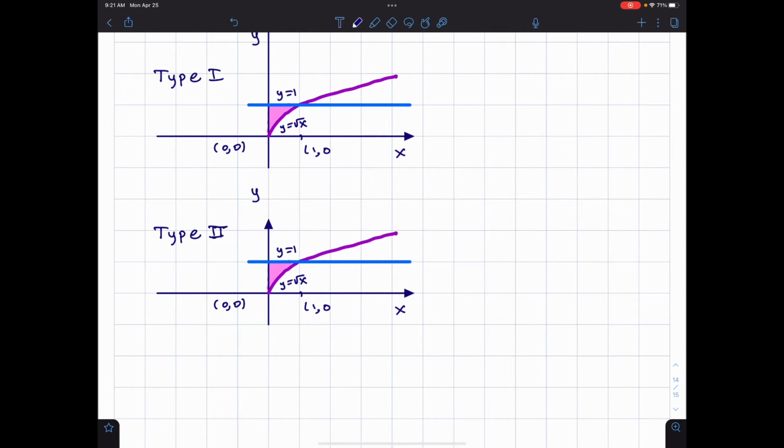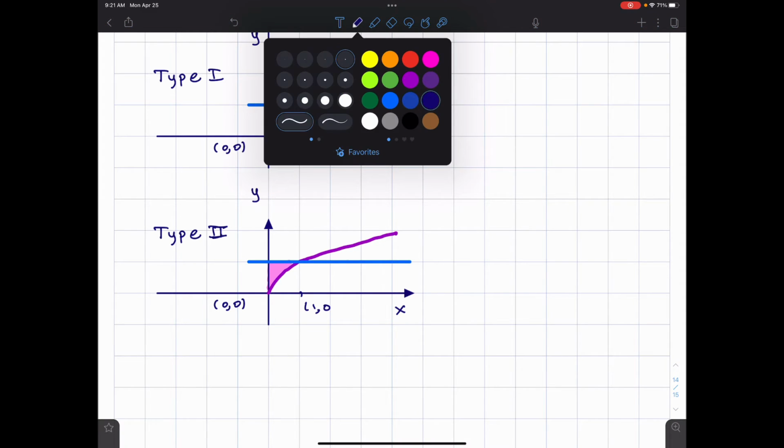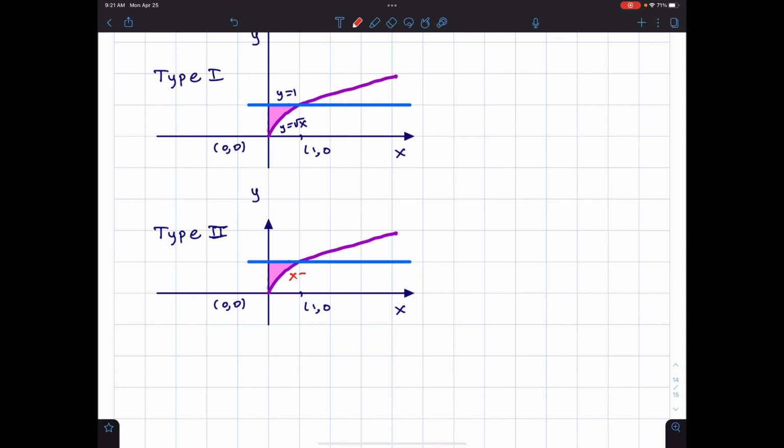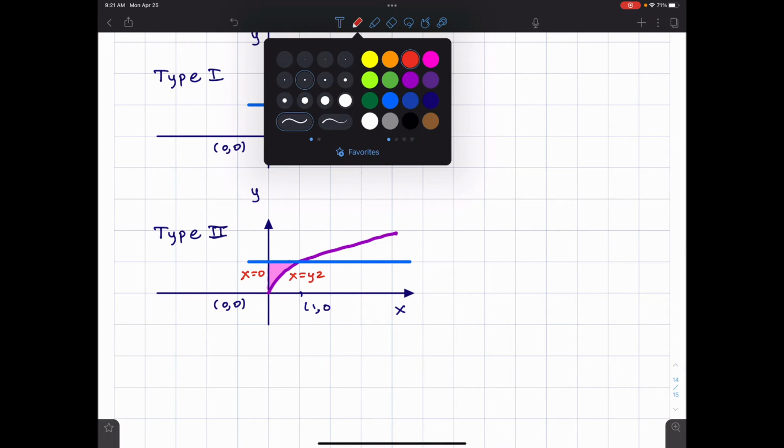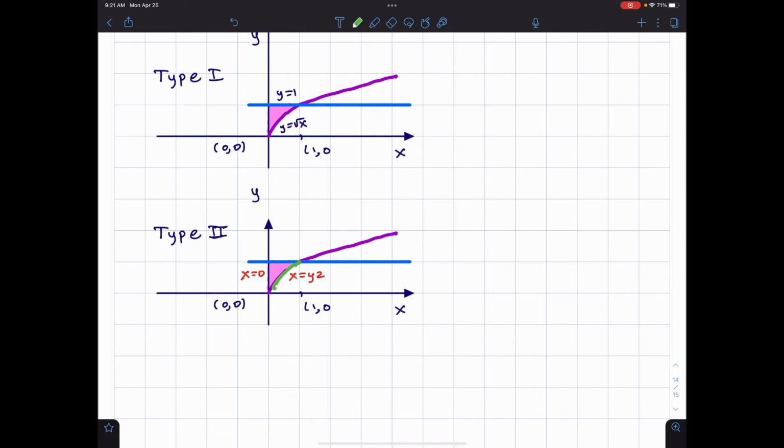When I make a type 2, I reverse this and make it not top minus bottom, but right minus left. So y equals square root of x is the same thing as x equals y squared. And then this vertical line right here is x equals 0. So now I have a function on the right and a function on the left.